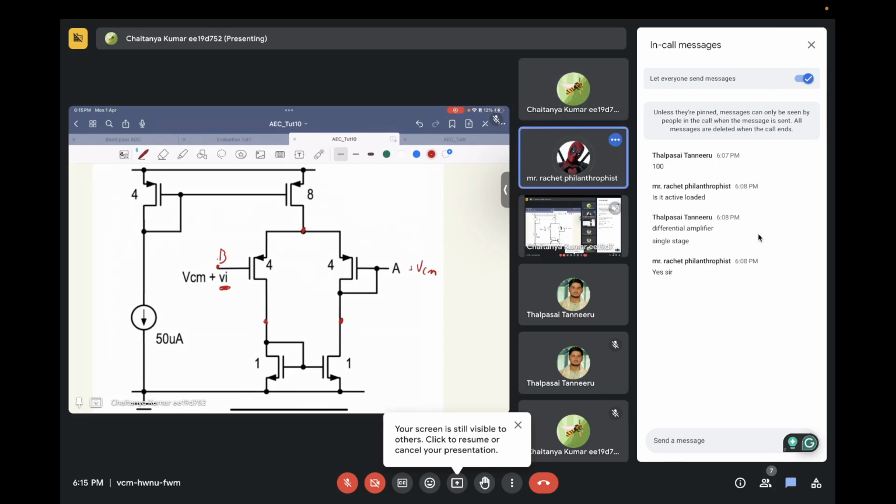Yes. Can you tell me what happens if this node, let's say, goes to VCM plus some delta V? What will happen to the current that is flowing through this transistor? The same current will flow, 50 micro. Sorry.